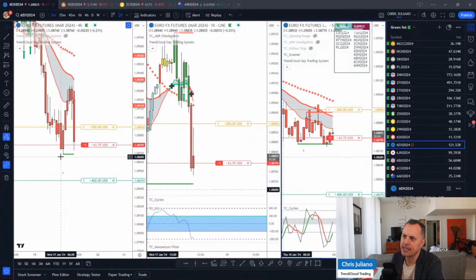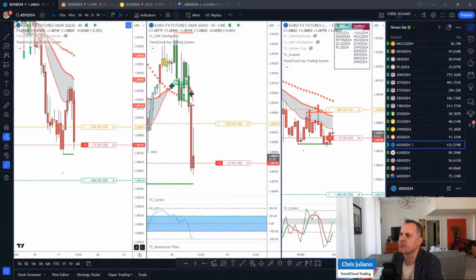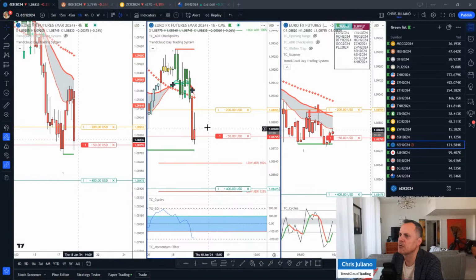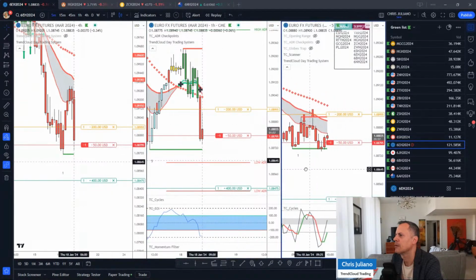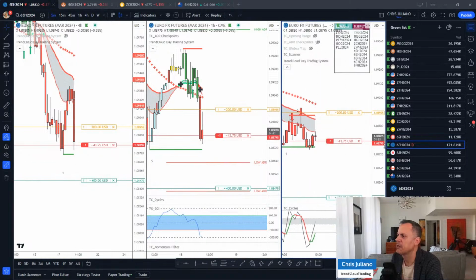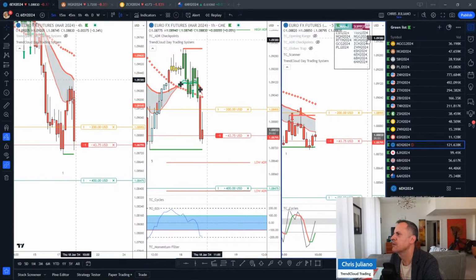We really want a break below here. We still got a really good chance at this, right? We still got a great chance at this. That's all you can do. Trade what you see.